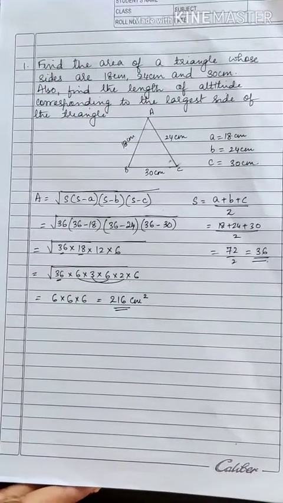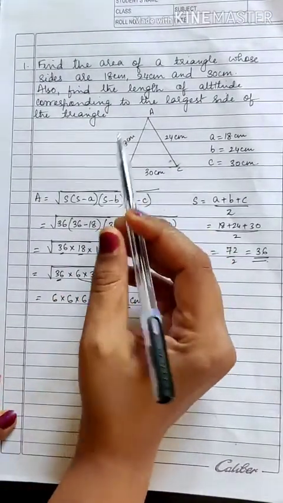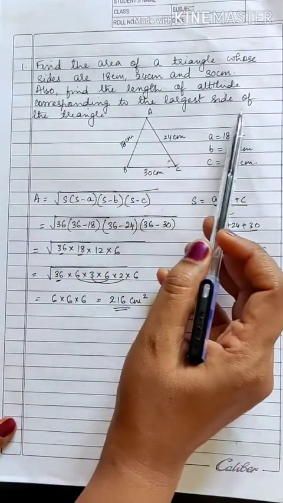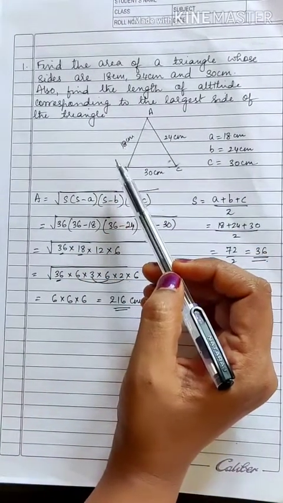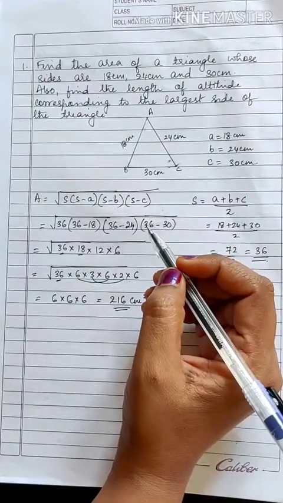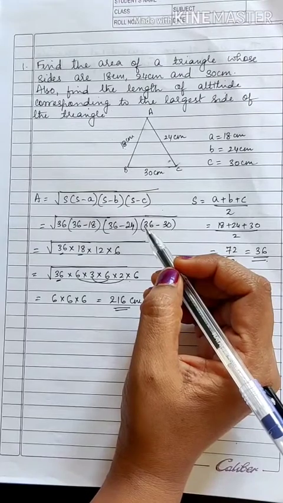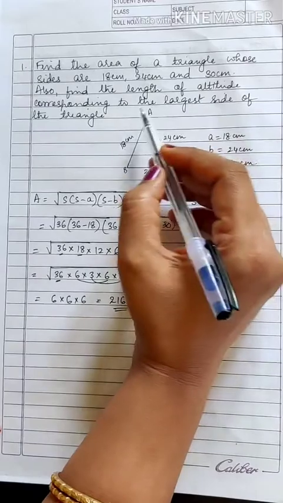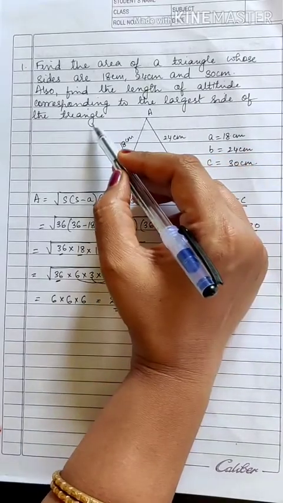Now the second part of the question says find the length of the altitude corresponding to the largest side of the triangle. Altitude means it makes an angle of 90 degrees with the base. So here you have to find the length of the altitude corresponding to the largest side of the triangle.